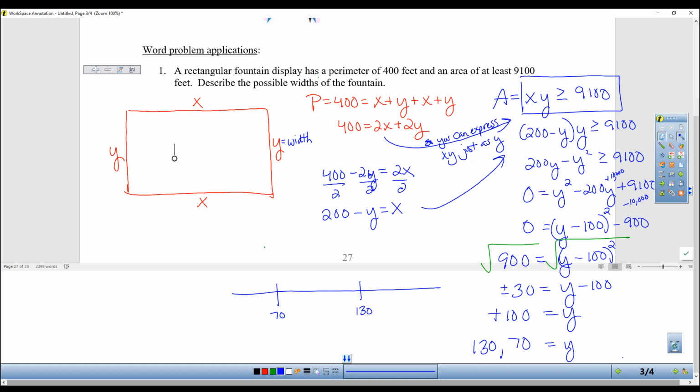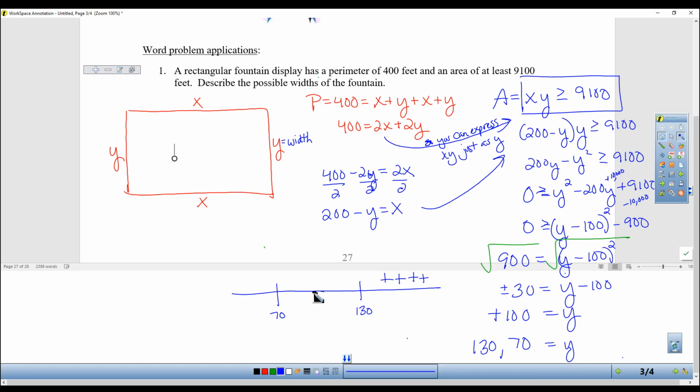If I plug in a number like 200, then is 200 going to make this greater than or equal, keeping the sign? It's probably just as easy to do in here. 200 minus 100 squared minus 900 is going to be positive, which is not going to be greater than 0.